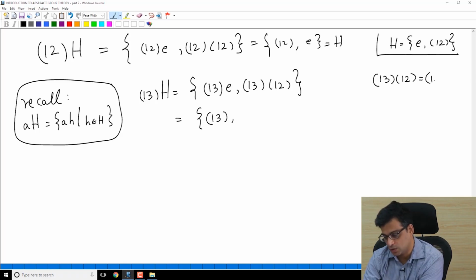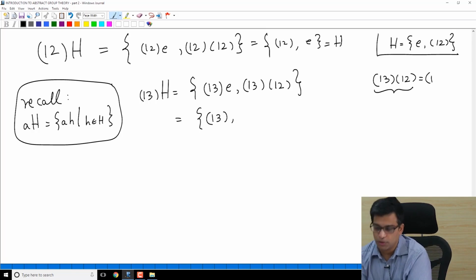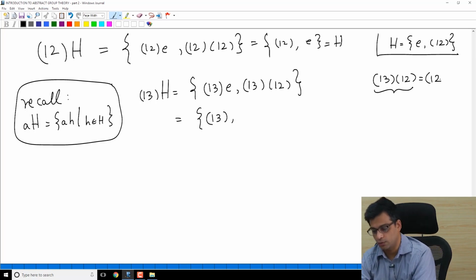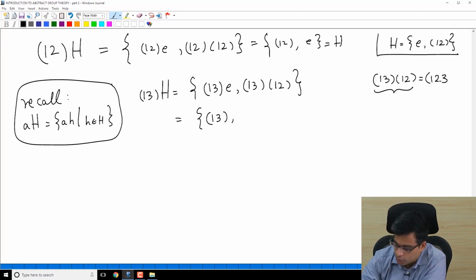You can start with any number, so let's start with 1 and determine the image of 1 under the product. It's a composition of functions. That's all that is happening here. 1 goes to 2 under the first function, 2 goes to 2 under the second function. So 1 goes to 2 under the composition of the two functions. Where does 2 go? 2 goes to 1 under the first function and 1 goes to 3 under the second function. So 2 goes to 3 under the composition. So I put 3 there. 3 goes to 3 under the first function because 3 is not appearing in this cycle notation, and 3 goes to 1 under the second function. So you close. So (1 3)(1 2) is (1 2 3).